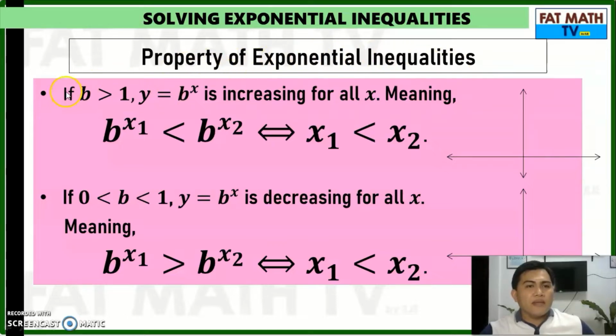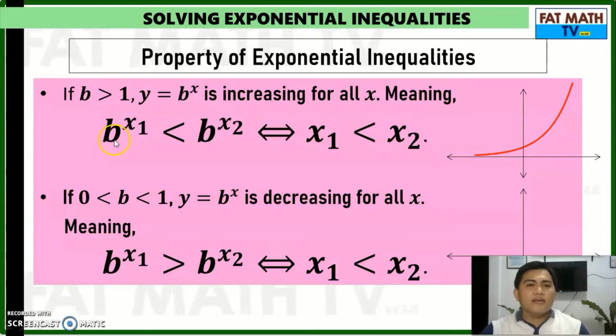In order for us to solve exponential inequalities, we have to use the exponential inequality property. If b is greater than 1, y equals b raised to x is increasing for all x, because the graph of y equals b raised to x for b greater than 1 is like this. Meaning, if b raised to x sub 1 is less than b raised to x sub 2, then x sub 1 is less than x sub 2, or the converse of the statement.